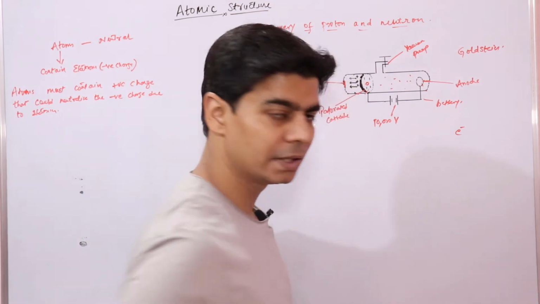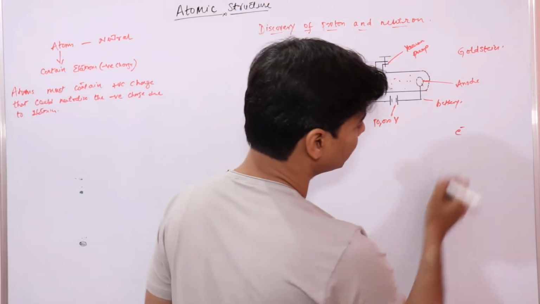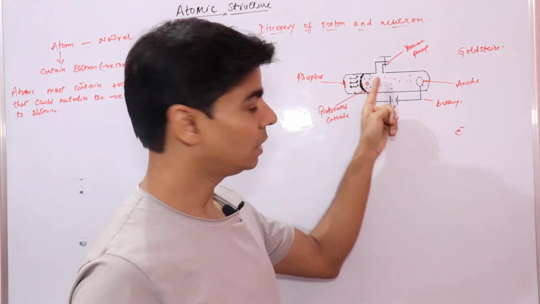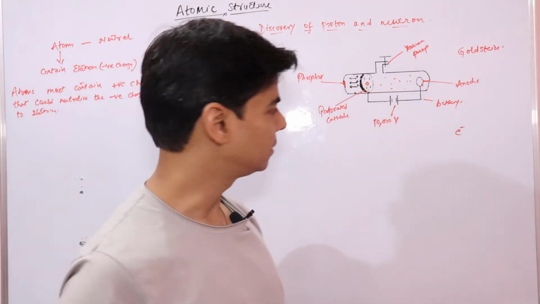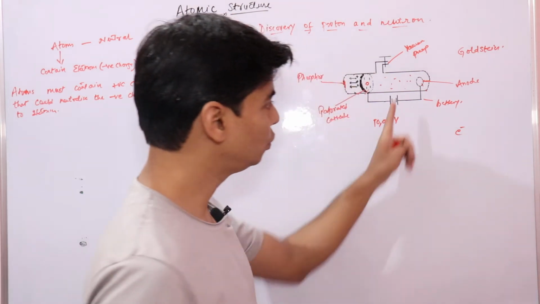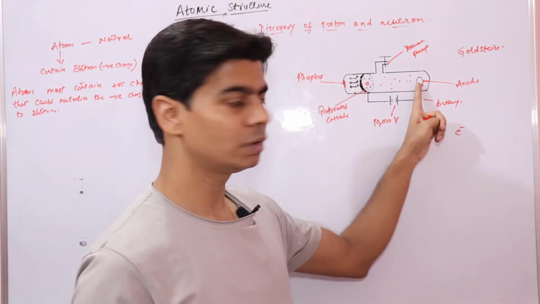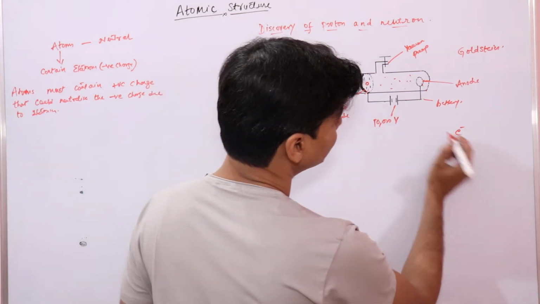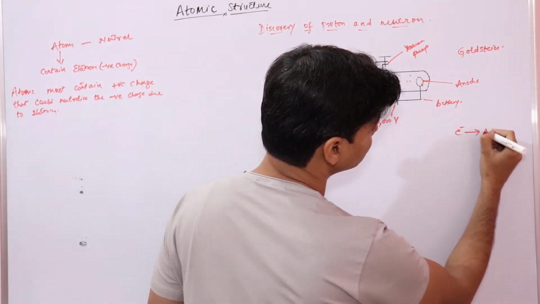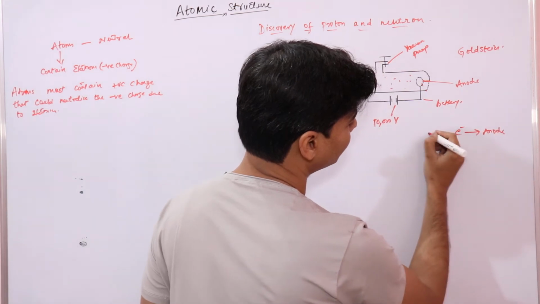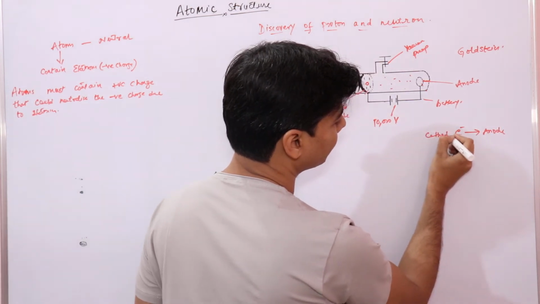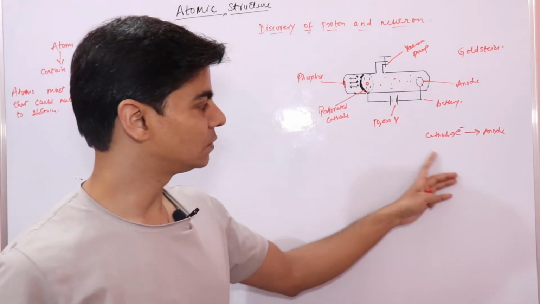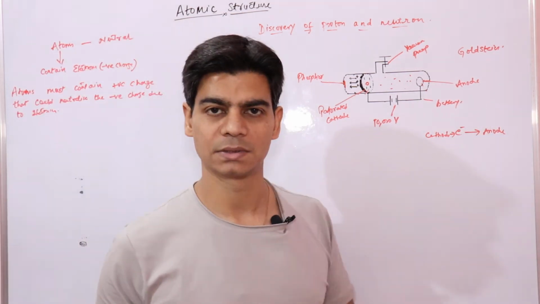These electrons are negatively charged, so they will move towards the anode, because the anode is positively charged. From cathode, these electrons will move towards anode. That is why we call these cathode rays.